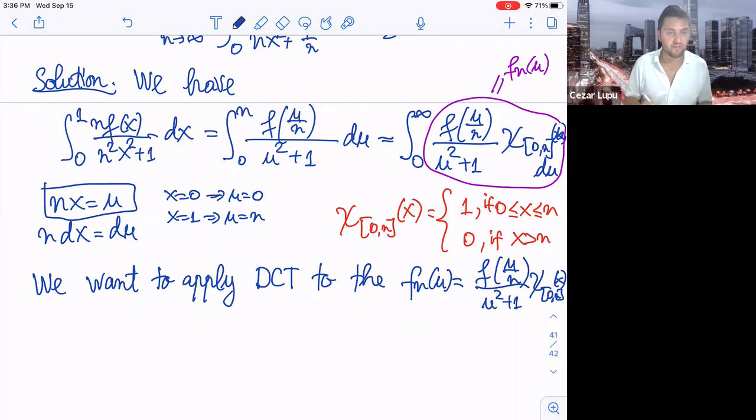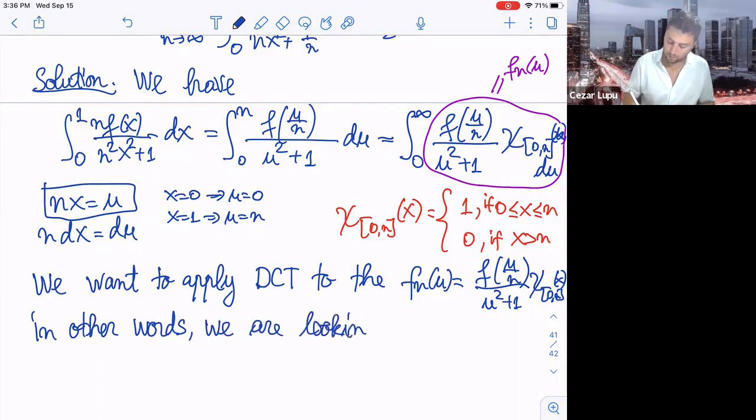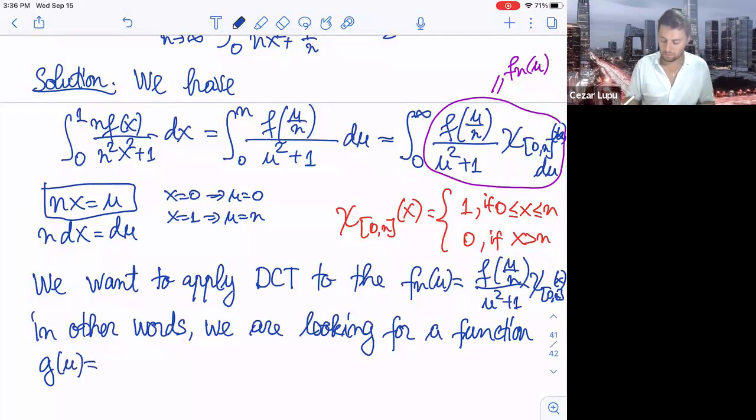So we're looking for a function g of u, which will be, let's say, we can bound this since this bothers me, f of u over n.